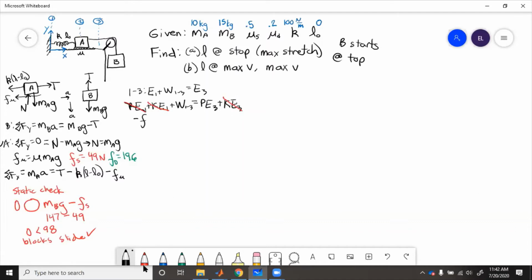So negative FD, because it's sapping energy from the system, times the distance that they slide, which is X. And that equals the potential energy, which is however much B fell, minus MB times G times that falling distance, which also happens to be X, because the distance that A slides is the same as the distance that B falls. So we just call that X. And then we have to add that spring stretch, 1/2 K. And how much did the spring stretch? Well, stretched by X.